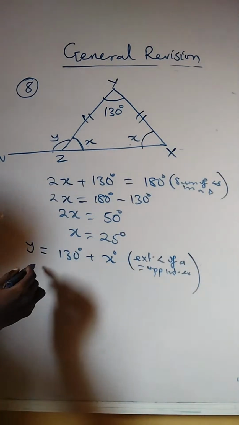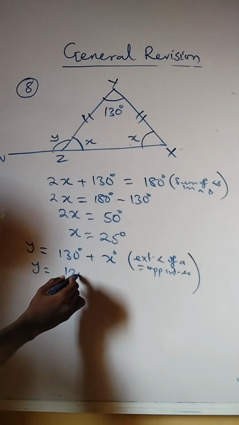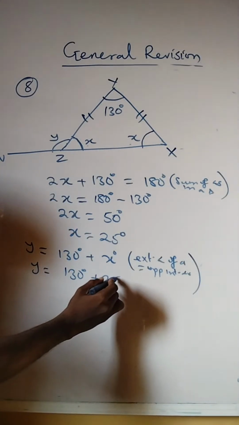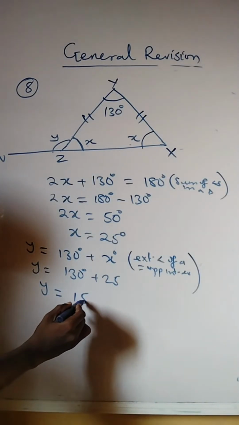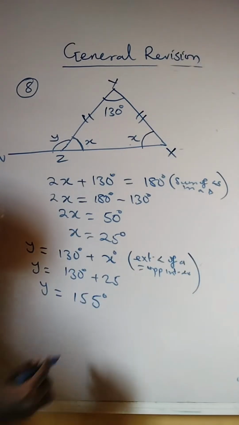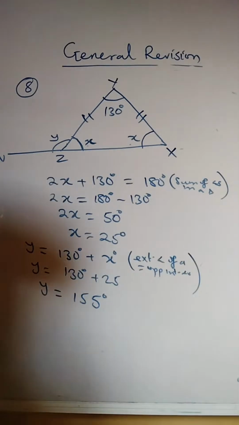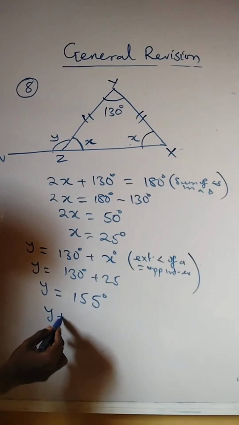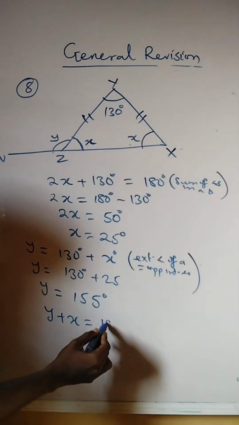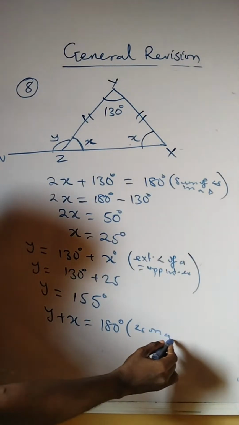So y is now equal to 130 degrees plus 25 degrees, and y is now equal to 155 degrees. Or we can say this also is 25 degrees, and this is a straight line. Sum of angles on a straight line, you can say y plus x should add up to 180 degrees. That's the sum of angles on a straight line.